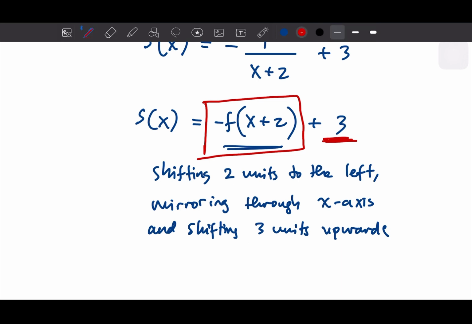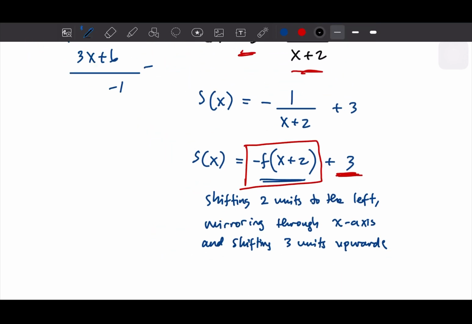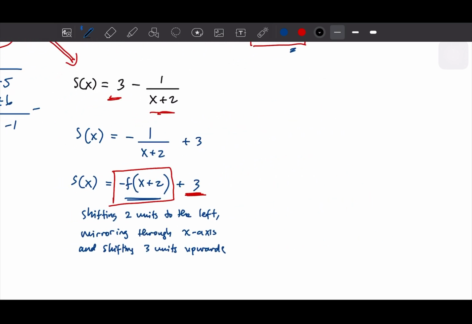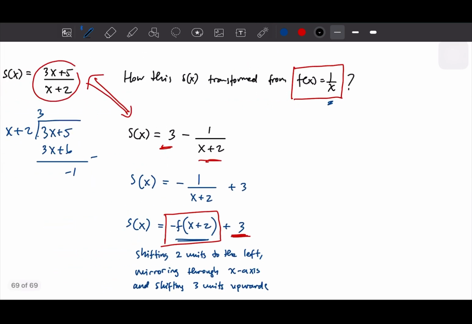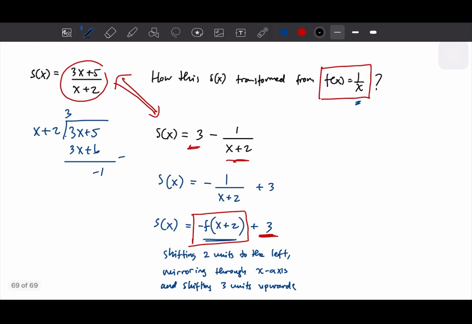I don't think I need to graph this, but I hope you get my point. Because it has x plus 2 in the denominator, you could predict that the asymptote will be x equal -2 for the vertical asymptote.